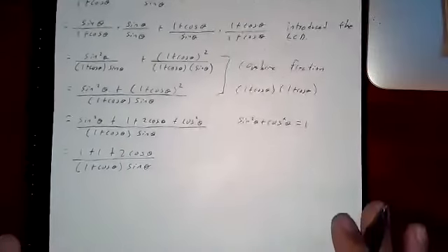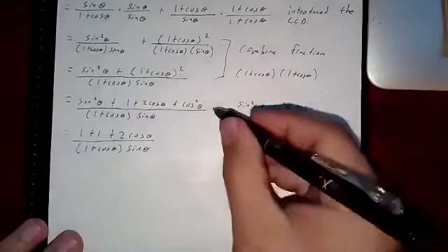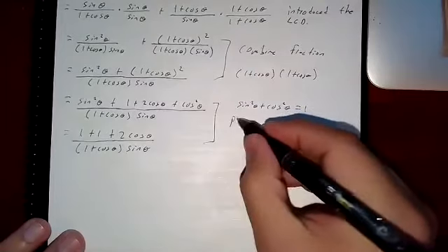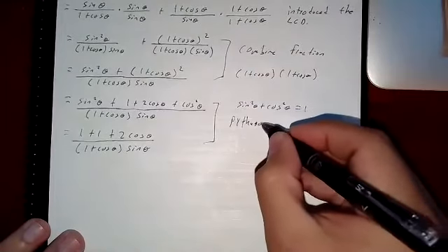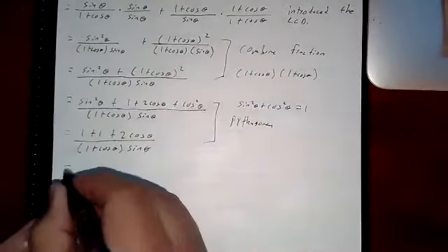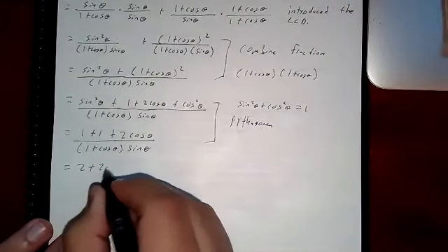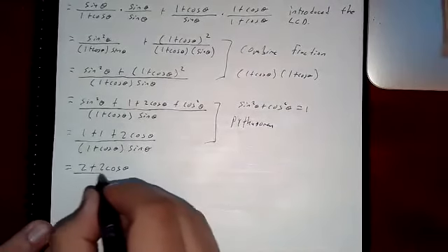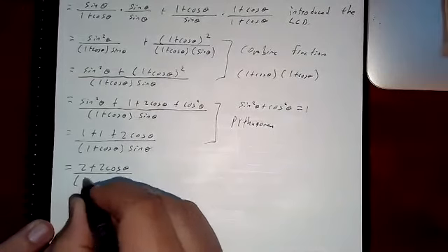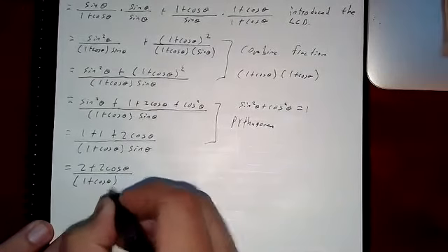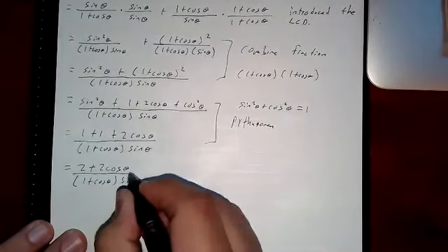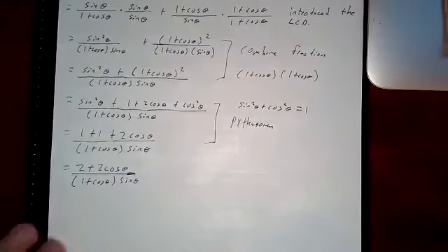So here to here, Pythagorean. So that'll be 2 plus 2 cosine over 1 plus cosine sine. All I do is combine 1 plus 1. That step is probably not necessary, but oh well.